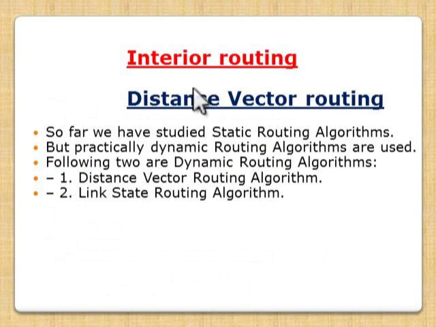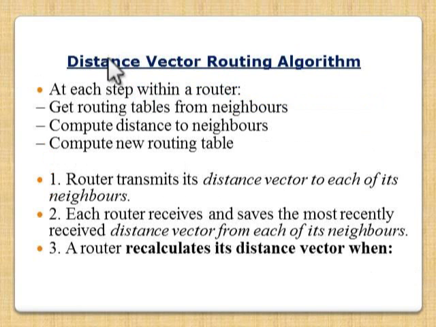First, interior routing: distance vector routing. So far we have studied static routing algorithms, but practically dynamic routing algorithms are used. The following two are dynamic routing algorithms: distance vector routing and link state routing. Distance vector routing gets routing tables from neighbors, computes distance to neighbors and computes a new routing table.